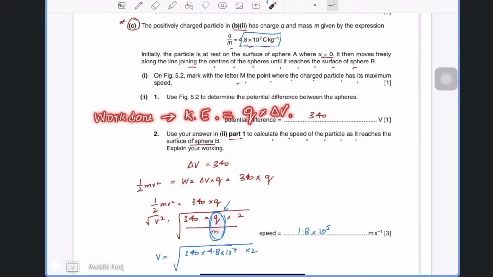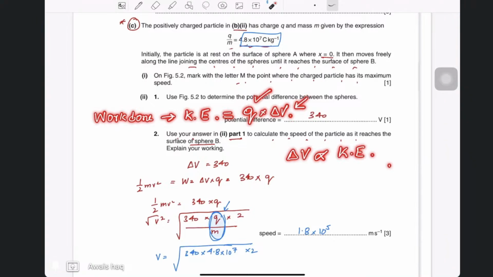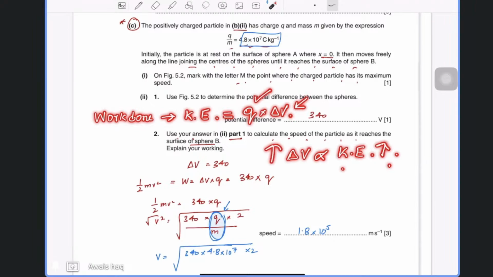So with respect to this, can we say the change in potential is proportional to the kinetic energy, because charge is same in this? So the greater the change is, the greater the kinetic energy is going to be.